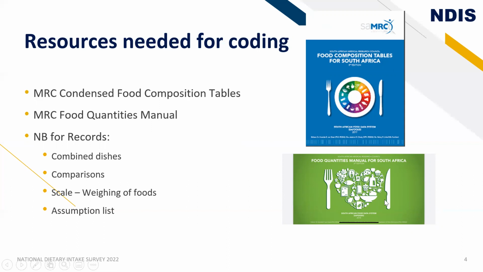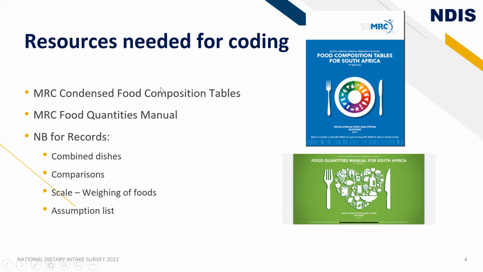So if you are not looking for your nutritional value, and you're only coding, you can use the food quantities manual. But when you are going to do some assumptions, you will need your food composition table to be able to find replacements for items that might not be in the food composition table.